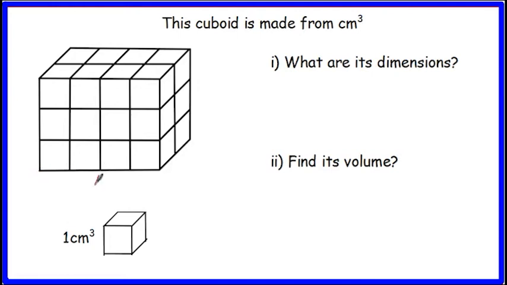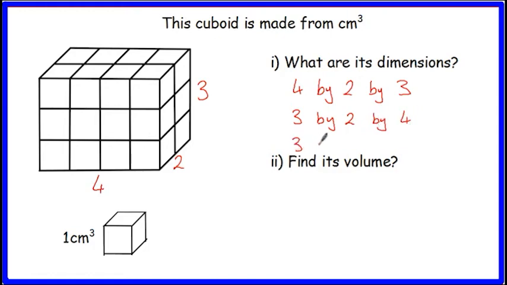Here I have a 4, here I have a 2, and here I have a 3. So I could call it a 4 by 2 by 3, or I could call it a 3 by 4 by 2.